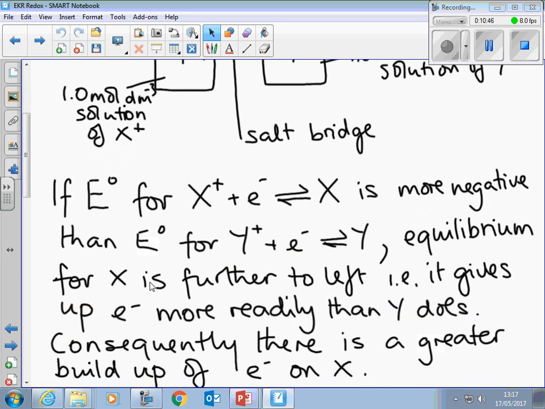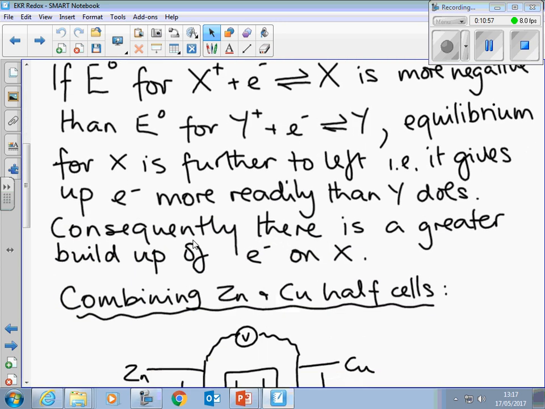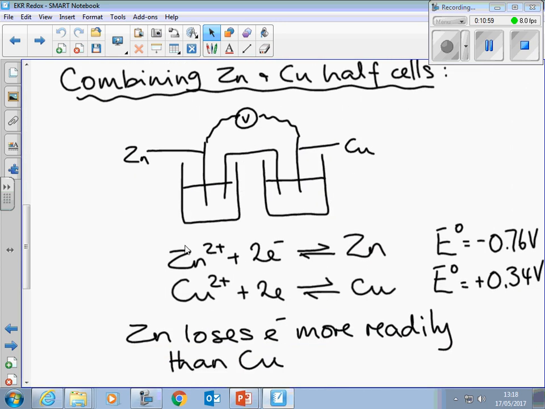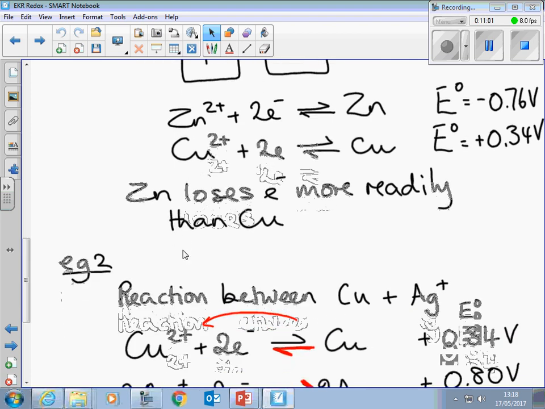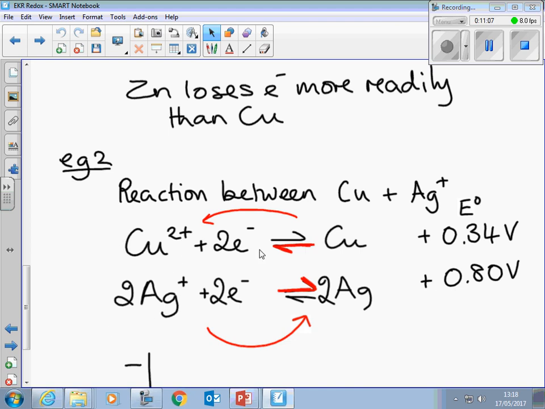We are then looking at a comparison of the sort of electron pressure, if you like, on either side there. And what the voltmeter reads, we should be able to calculate from the standard electrode potentials in the data book. So the difference between the standard electrode potentials would give us, hopefully, what you'd be able to read off on the voltmeter.